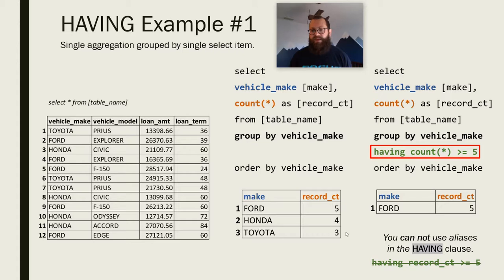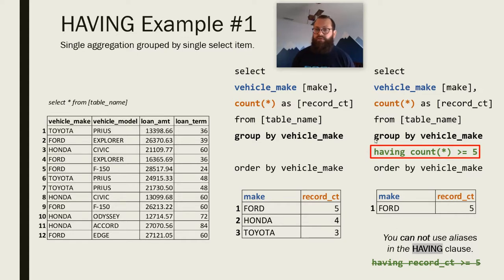Because the having clause is applied to the output, if we restrict the output to display only a count greater than or equal to 5, there's only one record that satisfies that criteria, the first record. And so that is the only record that will be returned.